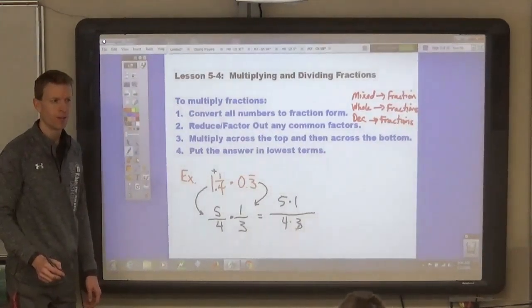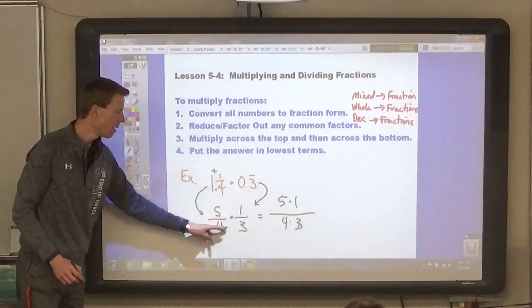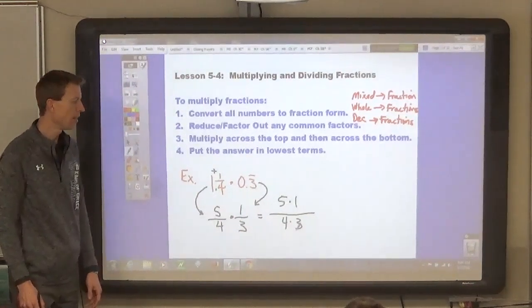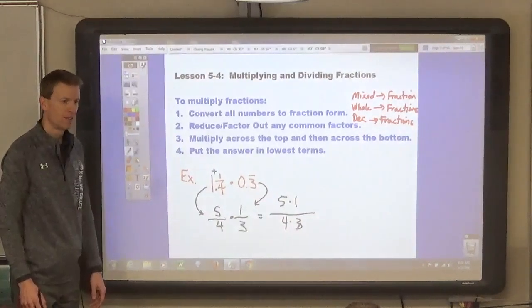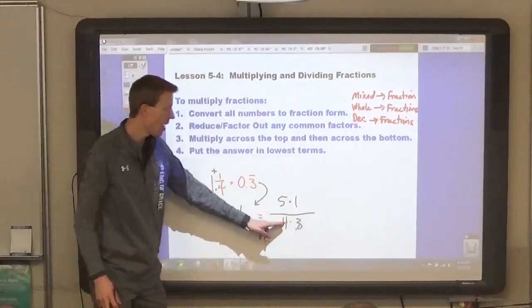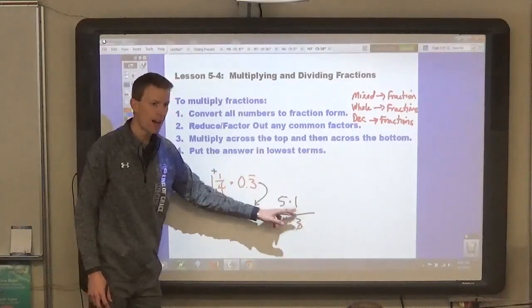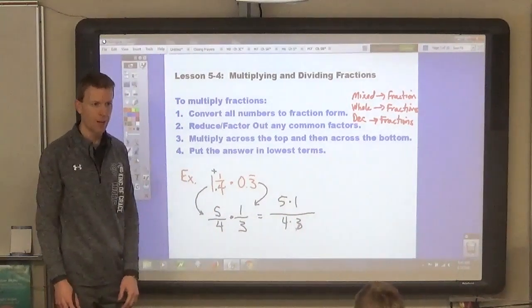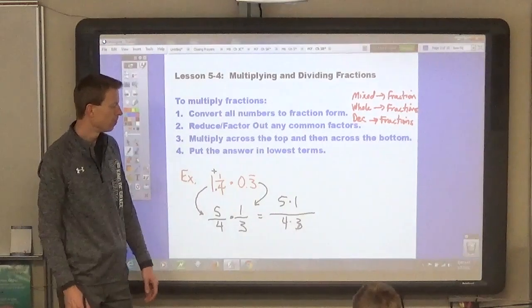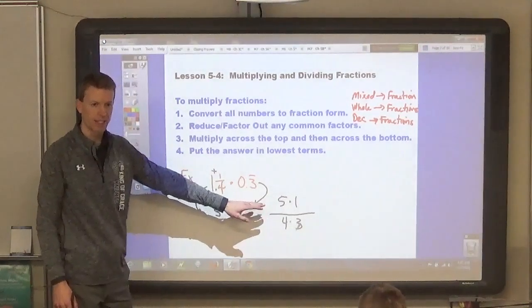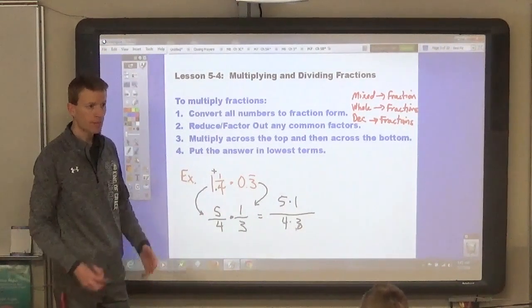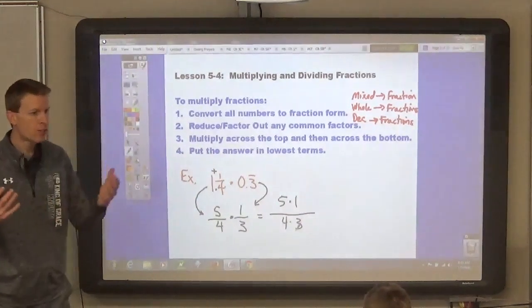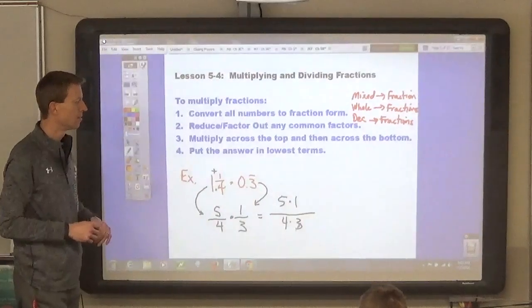Because this is the denominator, this is the numerator. We'll multiply. And then, if there's common factors, we can factor this out. Now, you don't have to rewrite it in order to factor common factors out. But that's what the process is. If there are no common factors to factor out, then you can just multiply.